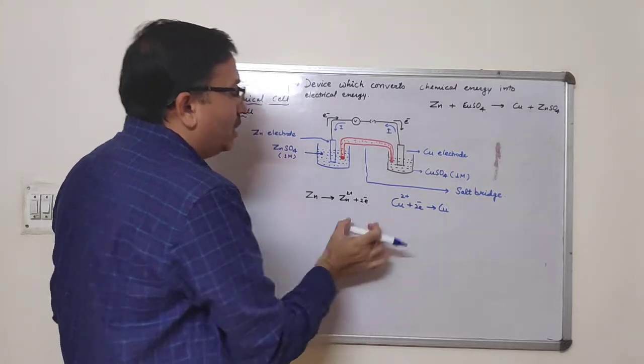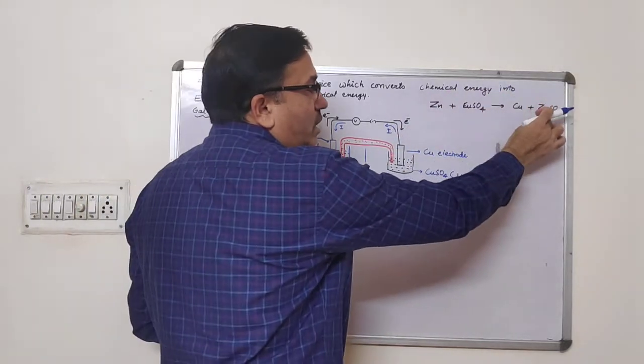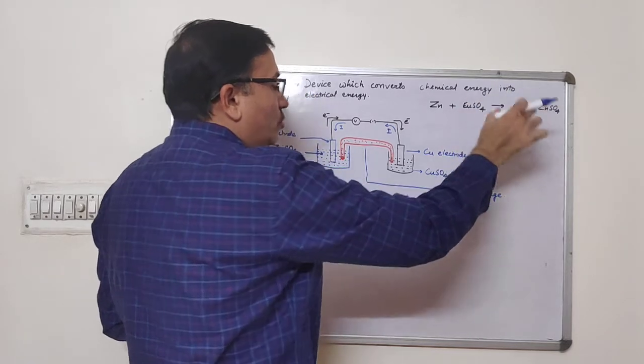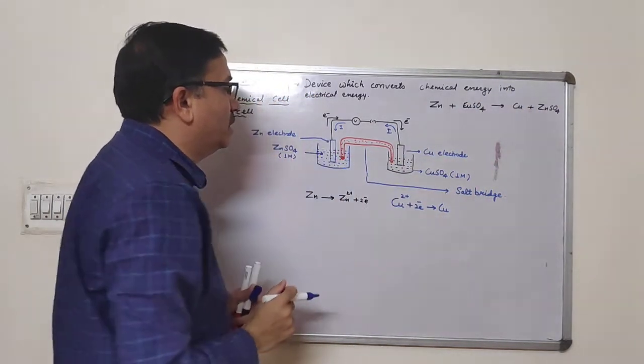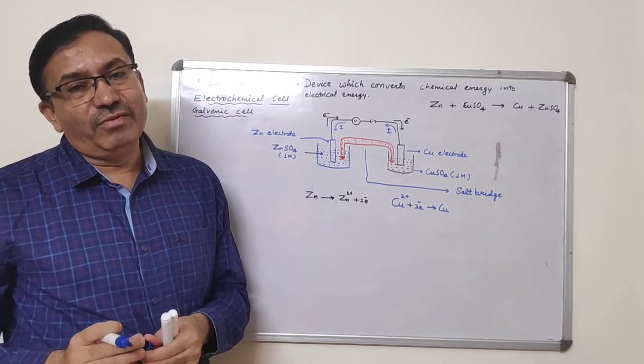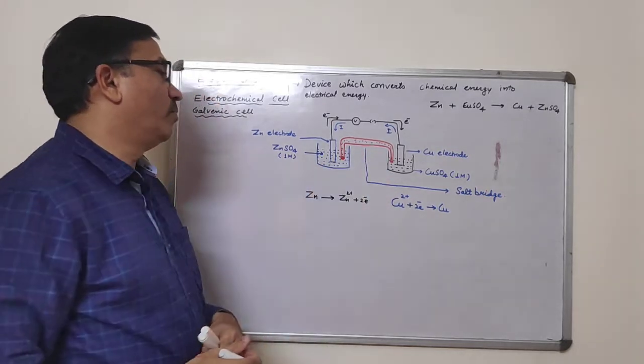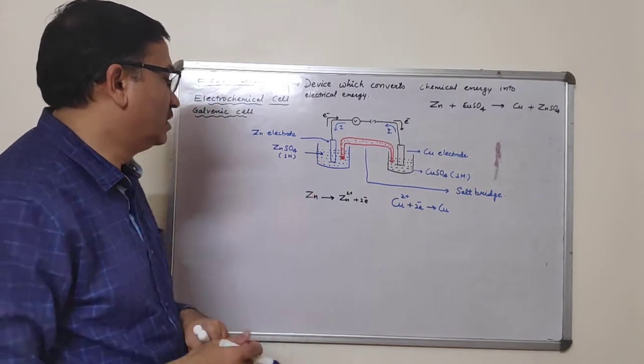It means that by using these two reactions, a simple redox reaction, zinc converting into Zn2+ and Cu2+ converting into Cu, with a modified setup, we have generated a potential difference of 1.1 volt. This is a standard setup of an electrochemical cell.